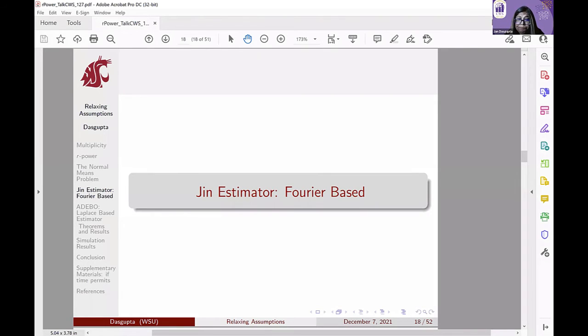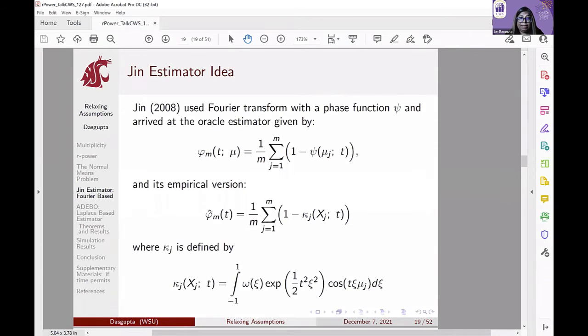Okay, so now let's look at the Jin estimator. I know this is late in the day and it's a lot of formulas, but I just want the formulas there to back up what I'm trying to say. What I'm trying to say is all Jin needed to do was come up with a function that had the properties of the characteristic function and could be estimated using data.